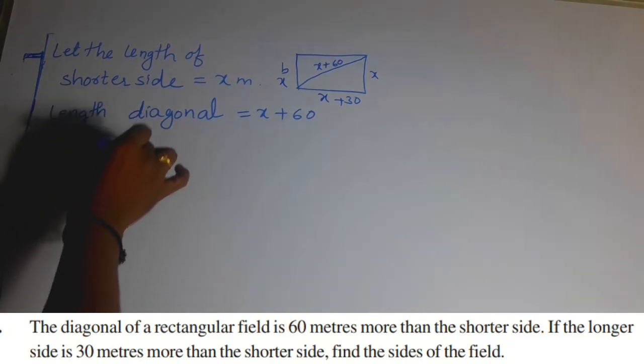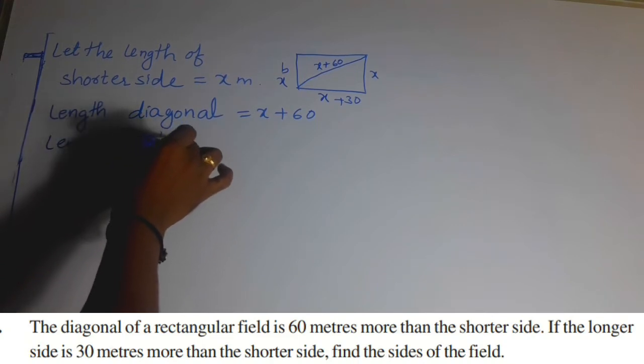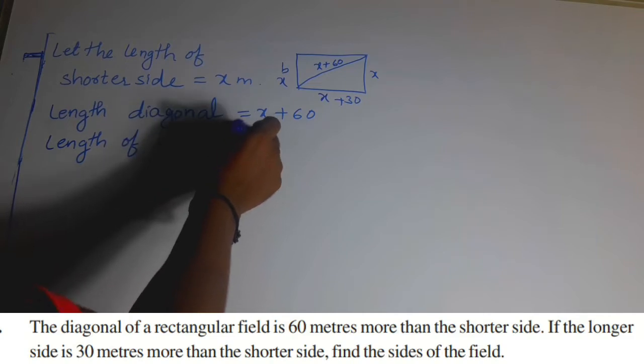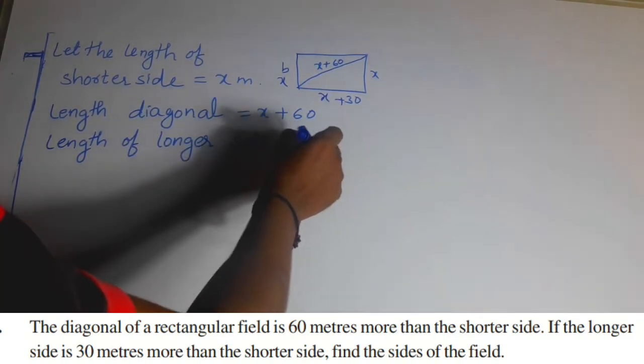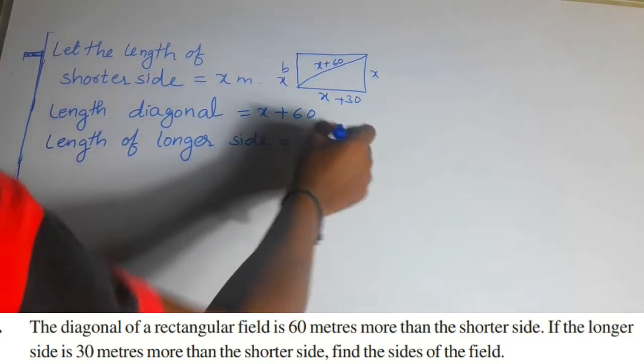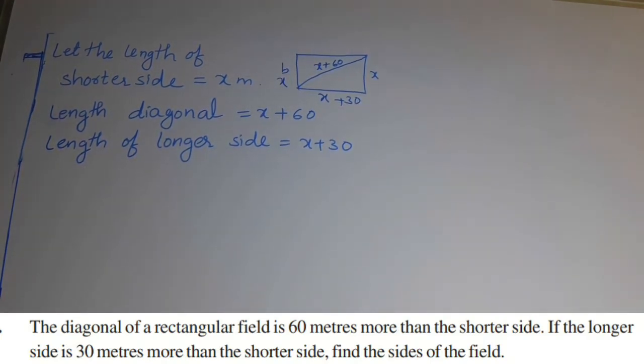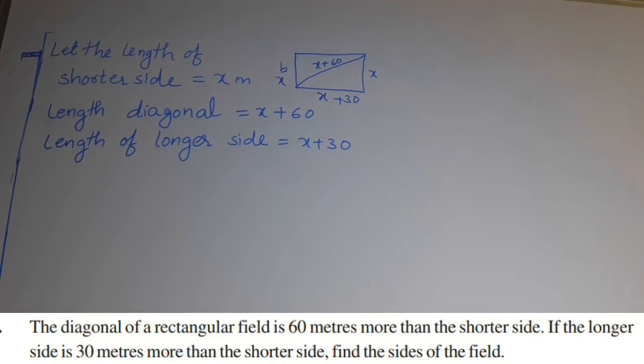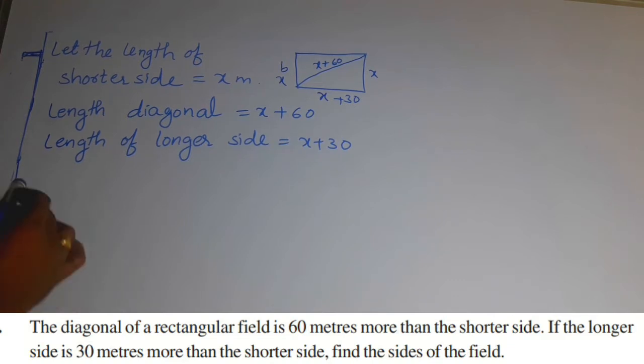The length of the longer side is x plus 30. So now we have to find the dimensions of the rectangular field. The question is very simple and easy, so now we will solve it.